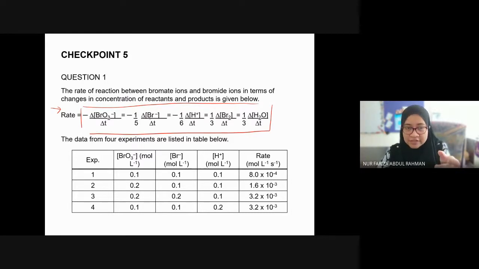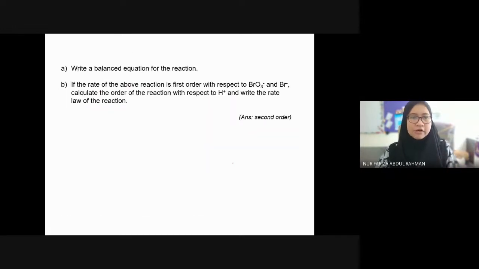We can predict that we have negative 3 here, that means we have 3 reactants, and from the data as well, we have 3 columns that represent 3 reactants. We see, write a balanced equation for the reaction.